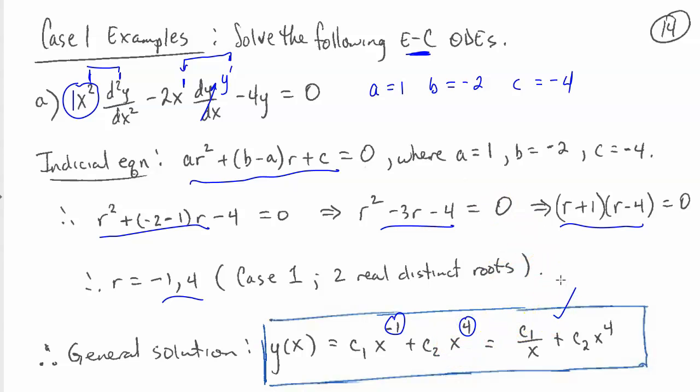And of course, we could rewrite it this way. That's pretty much all there is to this equation type. Depending on what you get from the indicial equation, the factoring may get a little interesting, but other than that, everything else is pretty much the same.